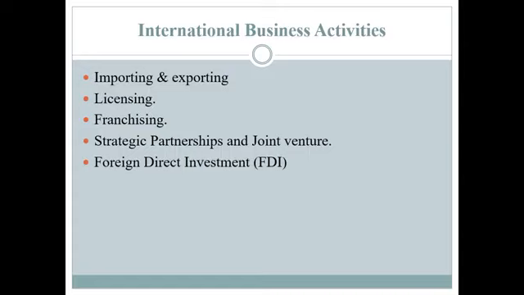Then foreign direct investment, commonly known by its abbreviation FDI. What is it? Foreign direct investment means some companies make physical investment, such as in buildings and other facilities, in foreign countries and act as a domestic business with a full scale of activity.